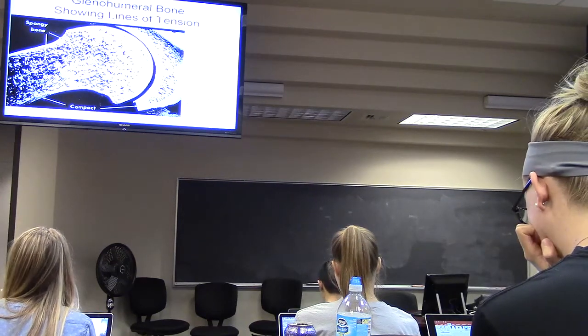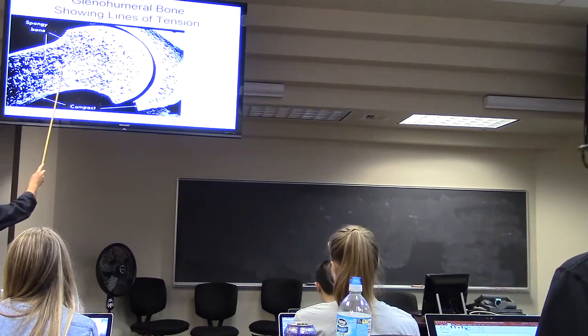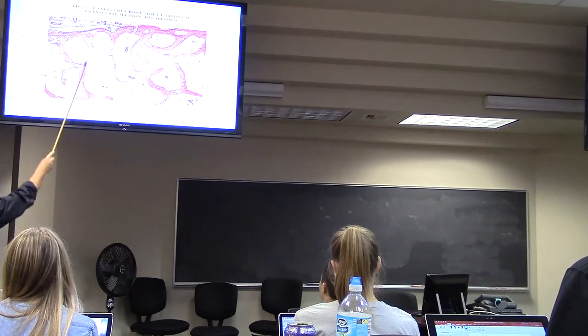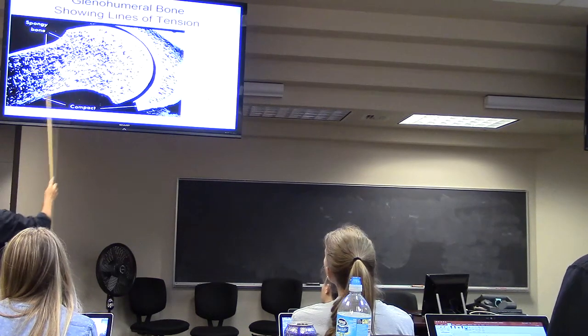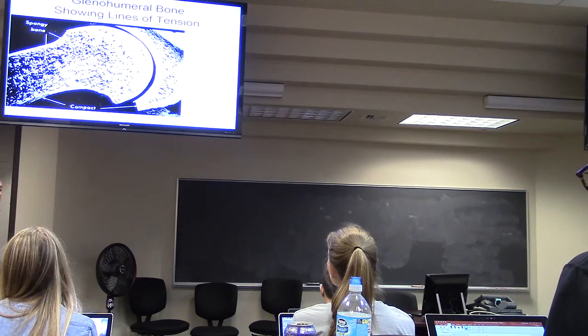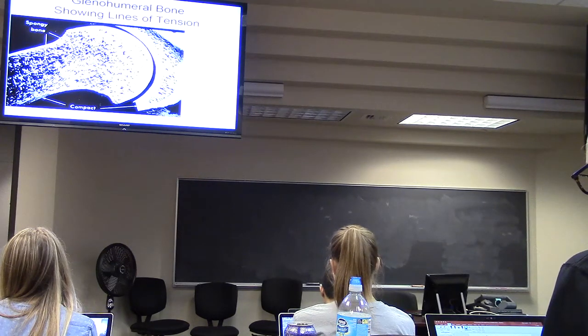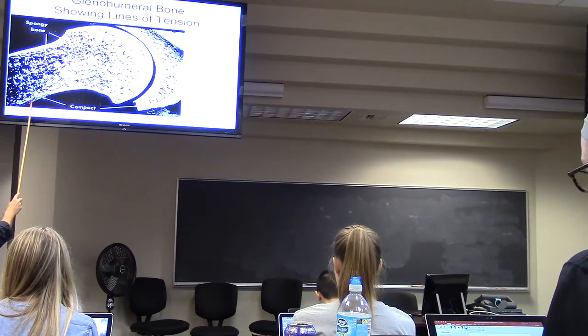And this is what you've got. This is all the cancellous bone. You can see all of these things right here, translate them into a real bone, and you can see the lines of tension or stress, how they're arranged here. This is spongy bone or cancellous bone, and here's the compact bone on the outside on both sides.